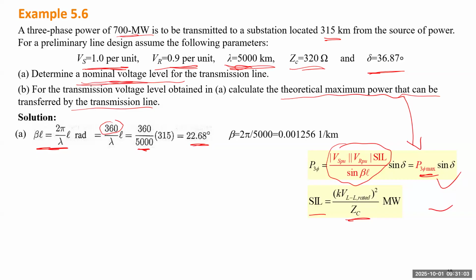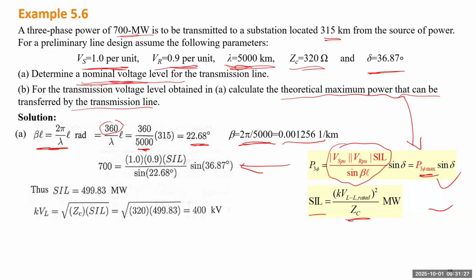So if you want to calculate beta, it is defined to be 2 pi divided by lambda, which is 0.001256 per kilometer. So it's still very close to 0.0013. Okay, so utilizing this formula, we can calculate SIL, the surge impedance load, because that's the only unknown here.